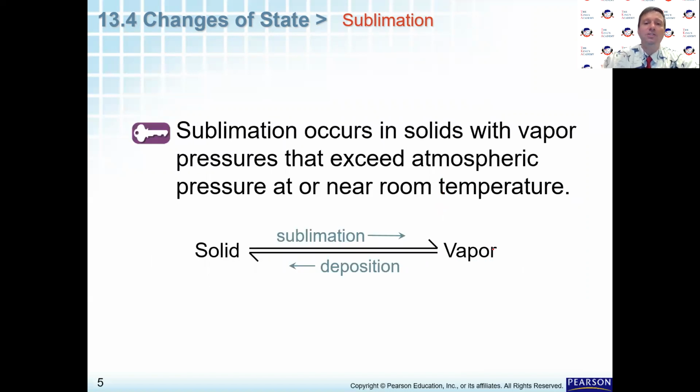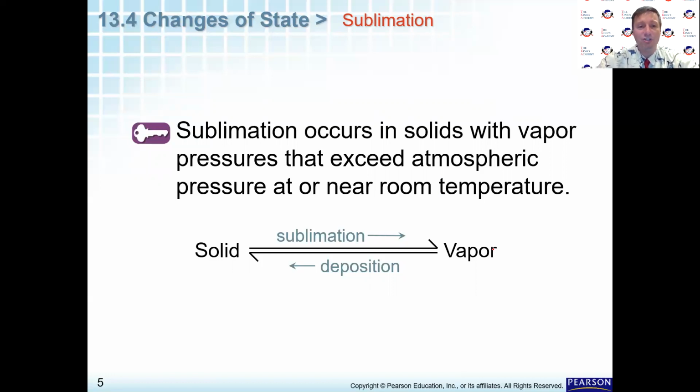Sublimation occurs in solids that have a high vapor pressure. We learned about vapor pressure in liquids, and solids have it too. The solid's vapor pressure exceeds the atmospheric pressure that is on it from the gases surrounding it. Therefore, it has the ability to leave the solid state and go into the vapor.